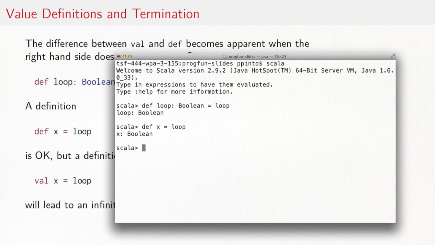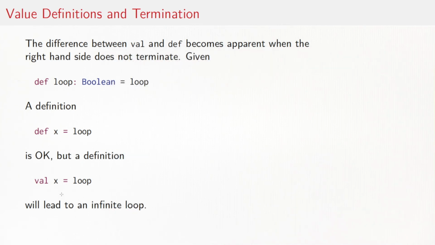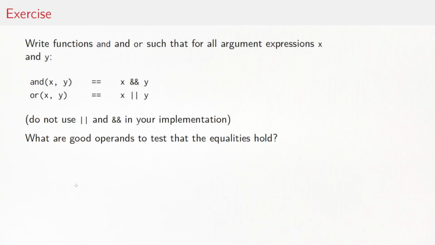We just defined another name for loop. Whereas if I define val x equals loop, then my REPL dies and I have to take it out explicitly with a Control C. So def x equals loop is okay, but val x equals loop will lead to an infinite loop because the right hand side loop will be evaluated at the point of definition.